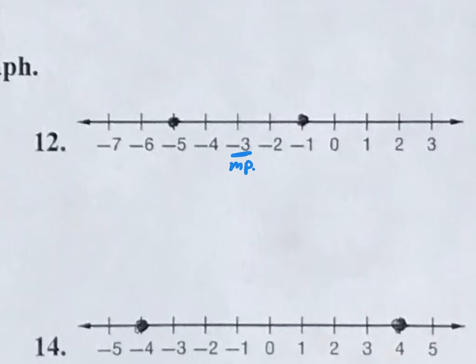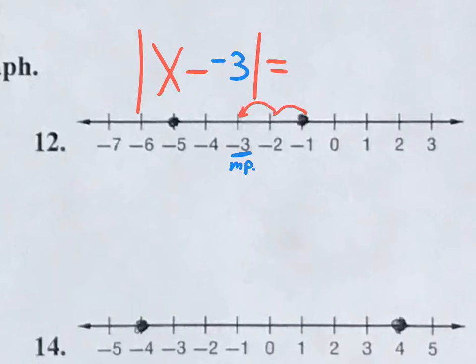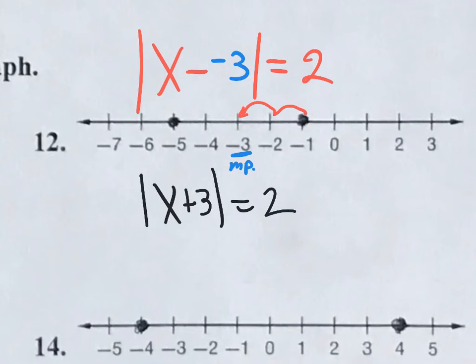And the setup, remember the setup is absolute value of x minus, and what is our midpoint? We just said it's -3. Close the absolute value, equals, and it equals what? The distance from the point to the midpoint. So what is the distance from this point to the midpoint? 2. And that's it. The only other thing you could do to write down number 12 nicer would be to make it x plus 3 equals 2, because obviously the minus changes to plus.